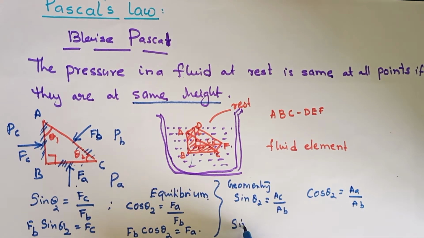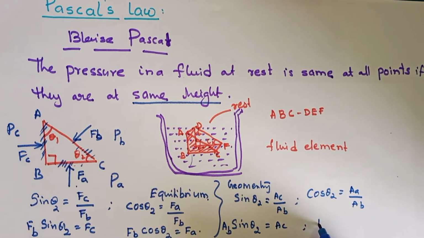So you write it as AB sin theta 2 is equal to AC, and AB cos theta 2 is equal to AA.